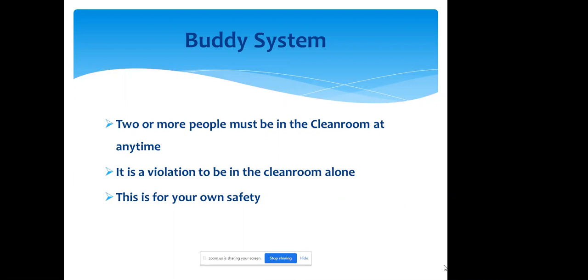If you are in our clean room and I happen to see you by yourself, that is an immediate expulsion, because a lot of things can happen and you won't have anybody calling 911 or trying to rescue you. So this is for your own safety.